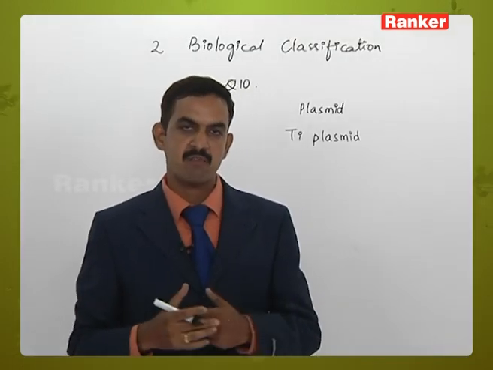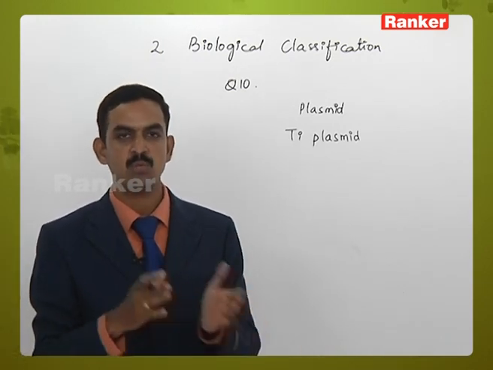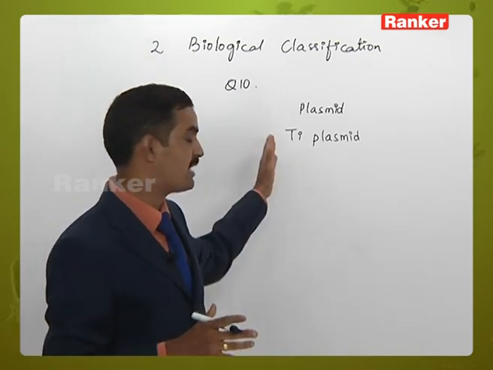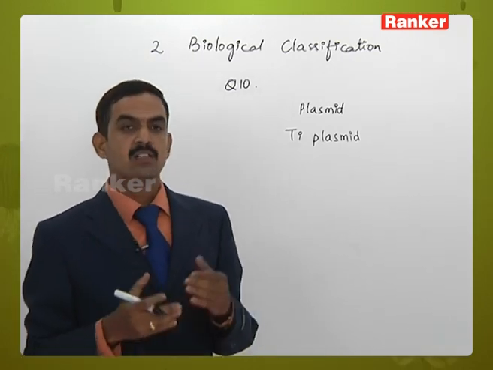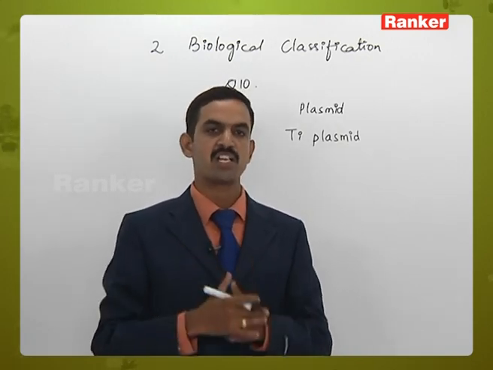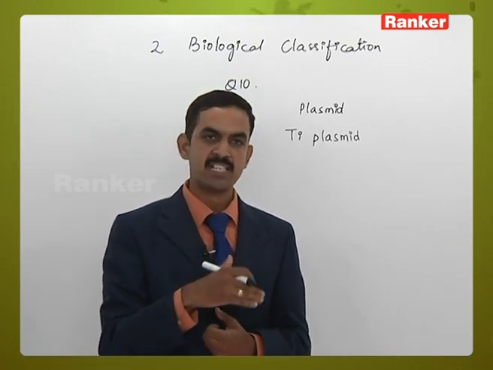Plasmids are used as vectors for transfer of desirable genes from one organism to other organisms. Why is this plasmid used as a vector? It contains a small number of genes, and the majority of the genetic material is not useful for the organism in which it is present.